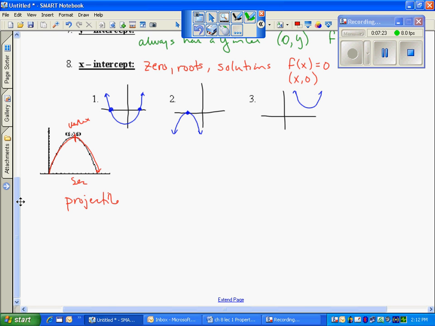I can see that after 6 seconds I reach the max of 36 feet. I can also see where it's going to hit my axes, and it looks like it hits at 0 seconds, and it hits at this point here, which is 12 seconds. How do I know that? Well, I could have counted, but I also see it's symmetric. If it takes something 6 seconds to reach the top, it's going to take the same amount of time to come down.